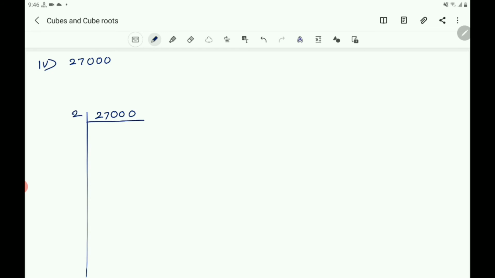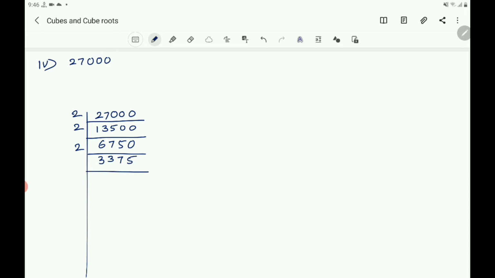If you want, you put a bar here. 2 1s are 2, 2 3s are 6, and 1 is remaining, 2 5s are 10, 0 0. Again you divide it by 2. 2 6s are 12, 1 is remaining, 15, 2 7s are 14, 2 5s are 10, then again you divide by 2. 2 3s are 6, 2 3s are 6, then 15, 2 7s are 14, and 2 5s are 10.